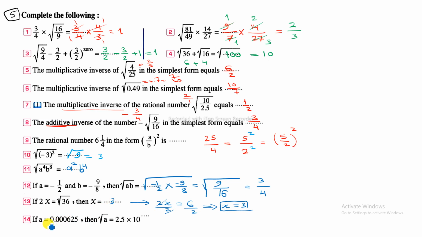If a is equal to 0.000 ... then square root of this number, we will use the calculator. The square root of this number gives 0.025. Then I want to convert this to standard form, so we move the point 1, 2 places, so 2.5 times 10 to the power of negative 2, because this number is less than 1.